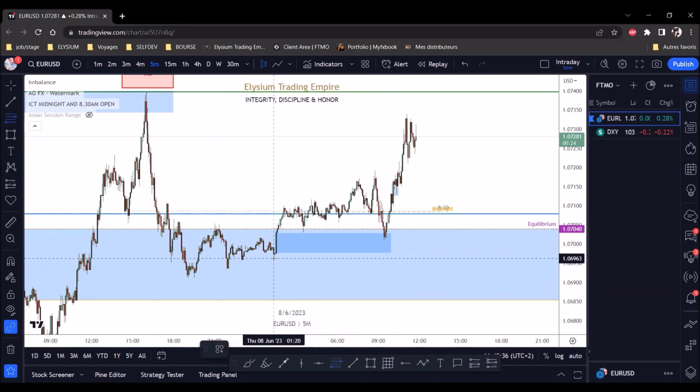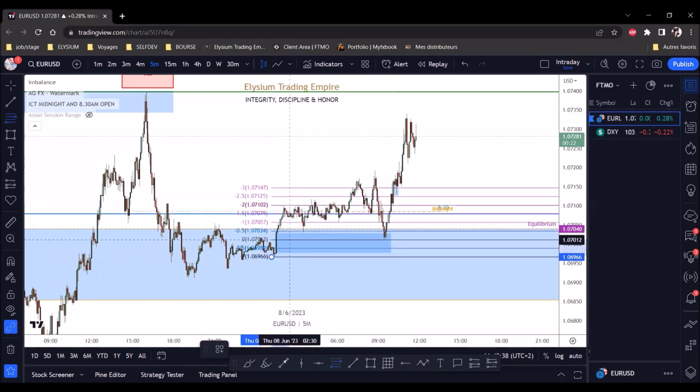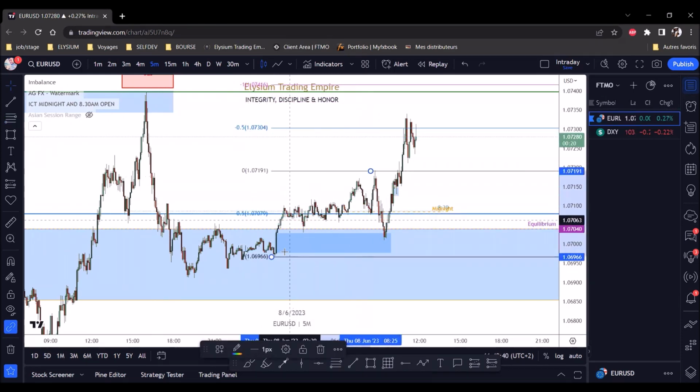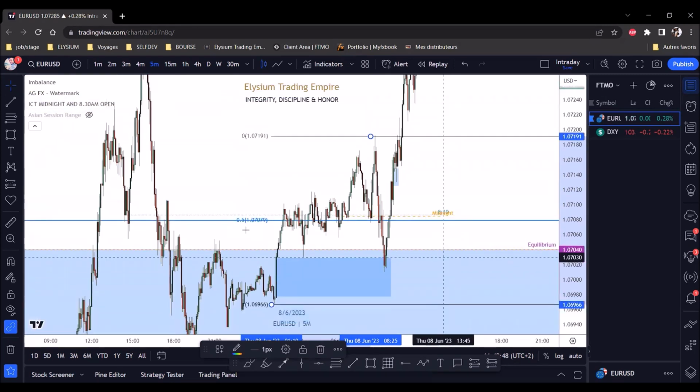Why? Because even if you trade this internal microstructure, you are in a discount, okay? And you even see the discount price is at the exact same level as the weekly opening price.